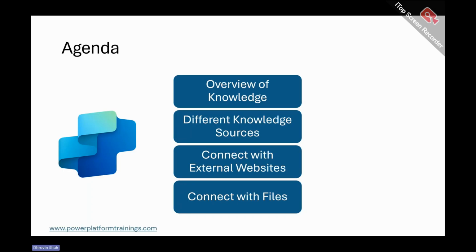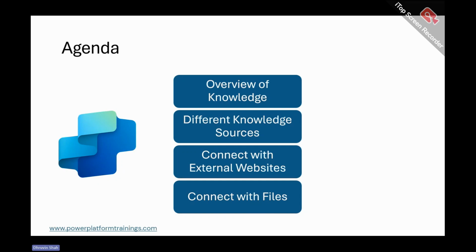We will cover two different kinds of knowledge sources in today's class, specifically external website and file. These are the two data sources we are going to talk about in today's class. Later on, there are many more things you can do on top of that, which we will talk about in part 2 of the Copilot Studio knowledge classes. All right, so this is the overall agenda for today.